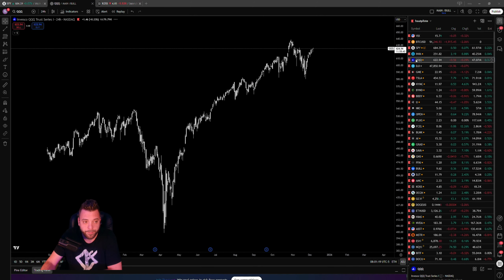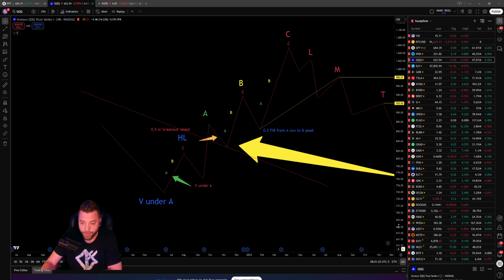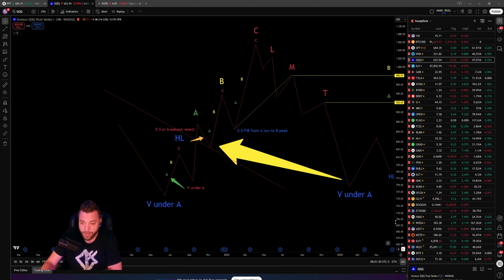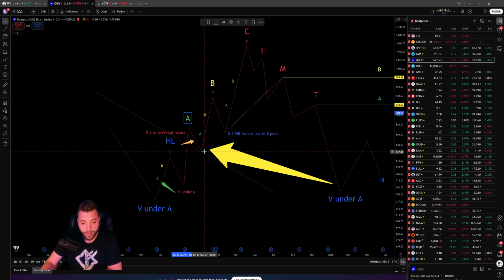That's why the higher low normally ends in a V under A. It can bounce at the 0.5, but normally it's at the V under A. After that, you're going to your A peak. And then you get the A pullback.